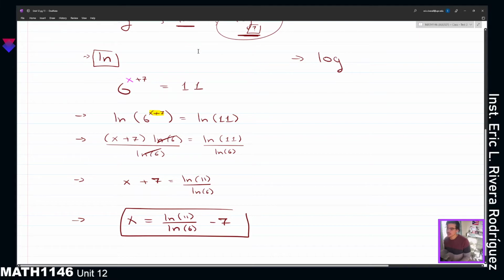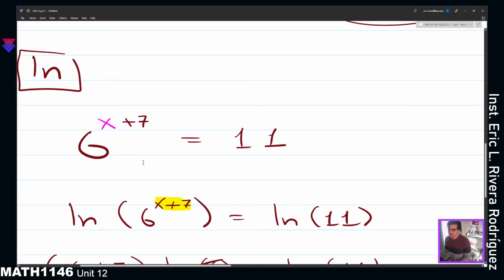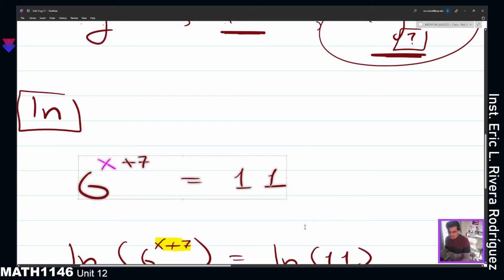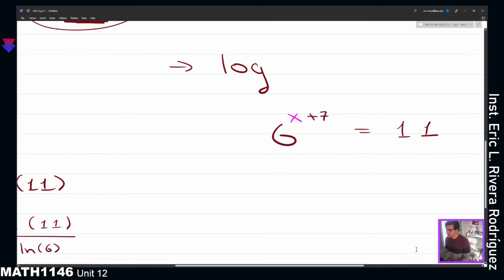The base that I'm going to select here is, when I analyze the exponential expression that I have, I see that the base of the exponential expression here is 6. So I'm going to use log base 6 on both sides, and you will see what happened here.